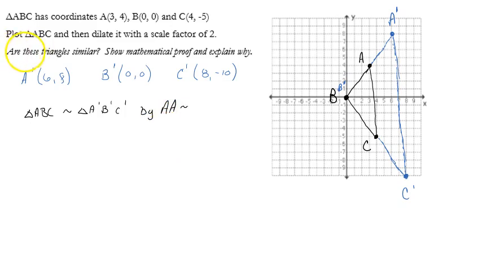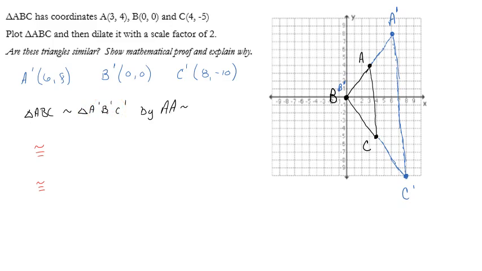That's answering this question and explaining why, but we haven't shown any mathematical proof yet. That's the key to this problem. We have to show mathematical proof as to why these are similar. Angle-angle similarity, remember, means I need to show that I have two congruent angle pairs. So I've got to find two congruent angle pairs, comparing triangle ABC to triangle A prime B prime C prime.